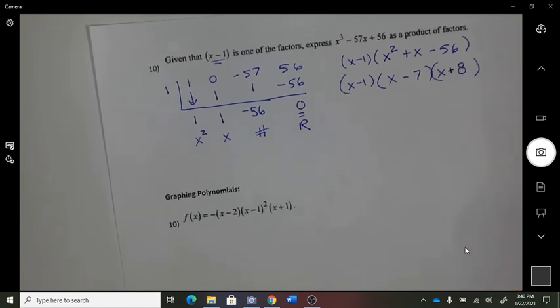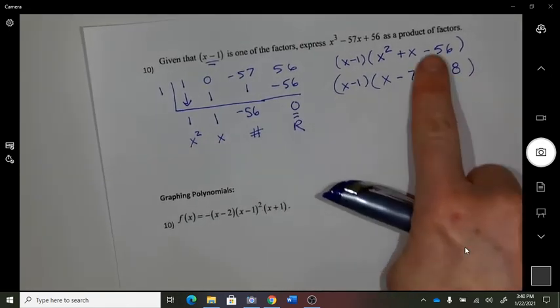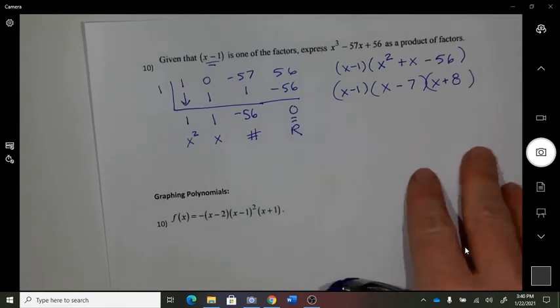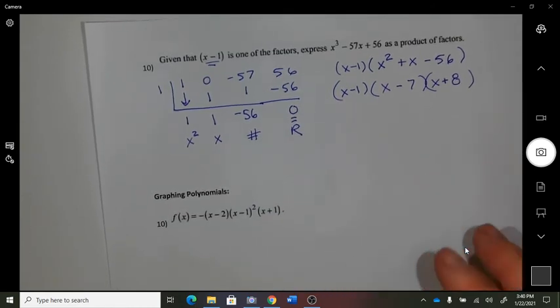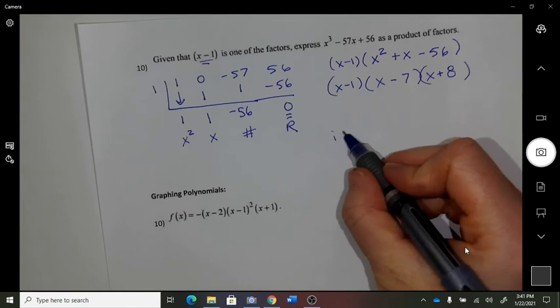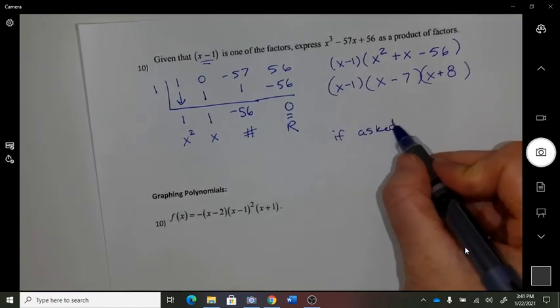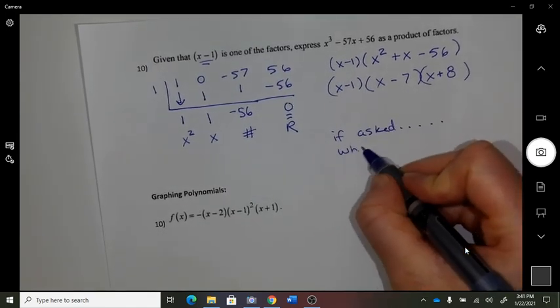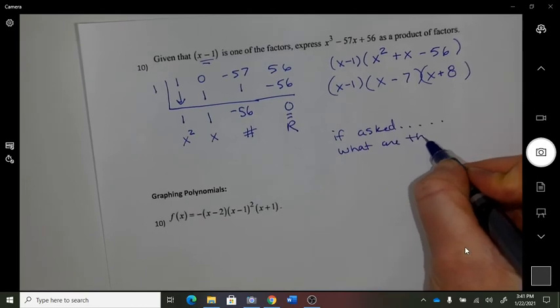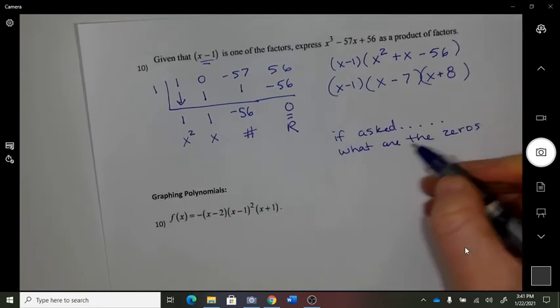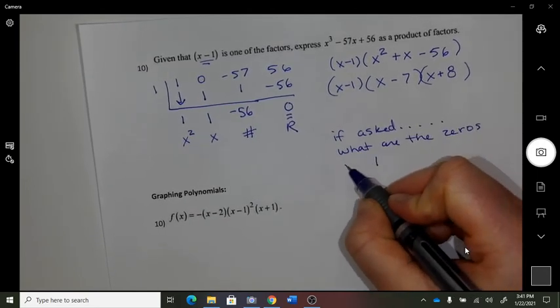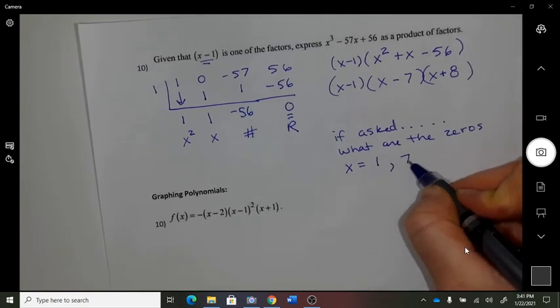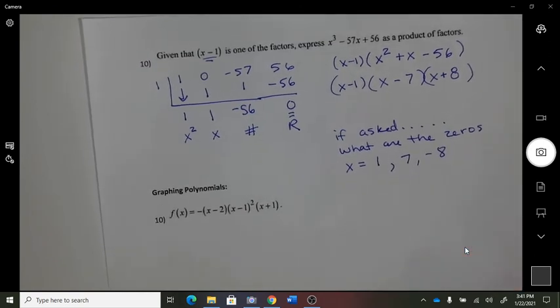And then that's how I get that. So that's it for a product of factors. If it said all the zeros, I would have to say 1, 7, and -8. So be careful, product of factors, or what are all the zeros? So if I had asked what are the zeros, that's what you would have answered.